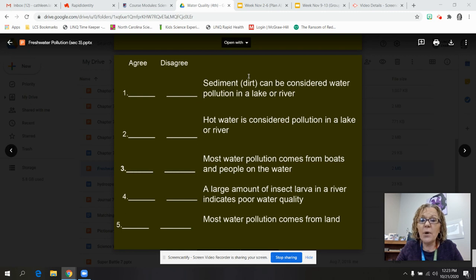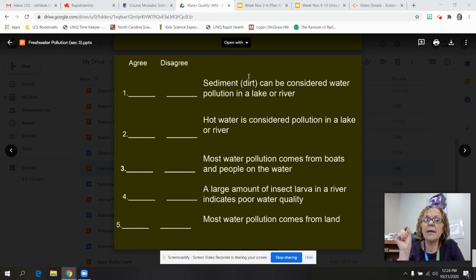Number 3, most water pollution comes from boats and people on the water. No. Now, most pollution's always going to come from people, but most of it comes from the storm drains, which technically comes from us, but not from boats. Number 4, a large amount of insect larvae in a river indicates poor water quality.